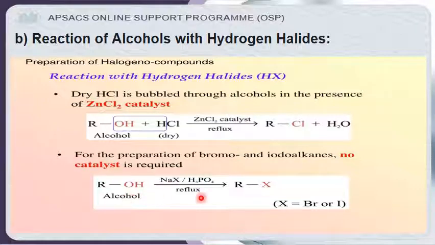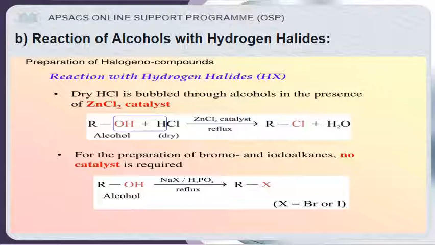By this reaction, alkyl halide formation takes place and water is separated. But for the preparation of bromo and iodo alkanes, no catalyst is required. The direct reaction can take place.